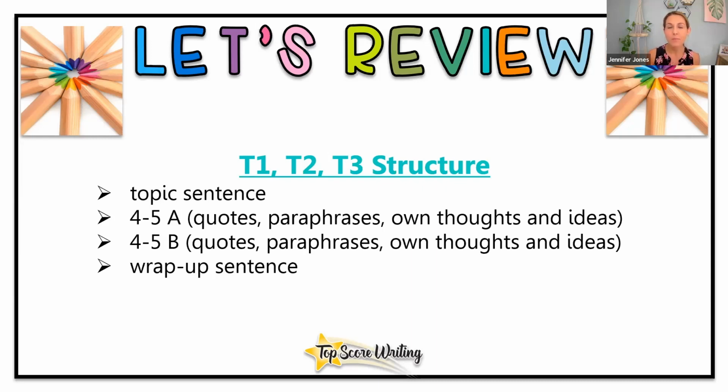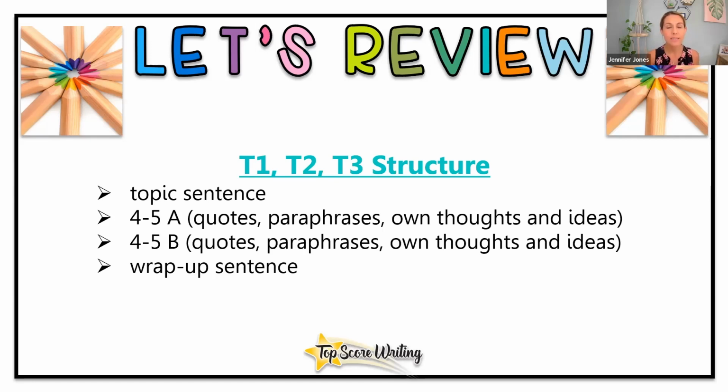Now, in our last lesson, we talked about how our A and B sentences are going to be a mixture or a balance of elaborative techniques. What that means is that some of our A and B sentences will be evidence from the text that has been quoted. Other sentences will be evidence from the text that has been paraphrased. And then sometimes we are going to include our own thoughts and ideas about this evidence.